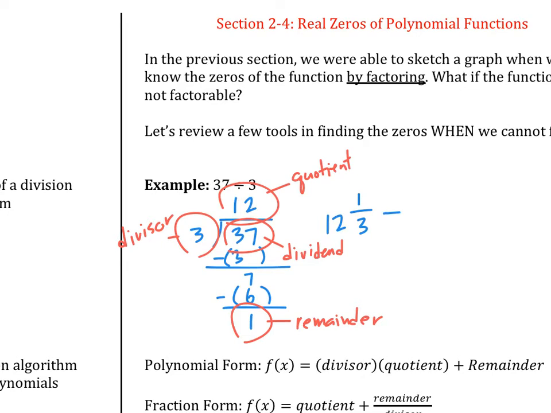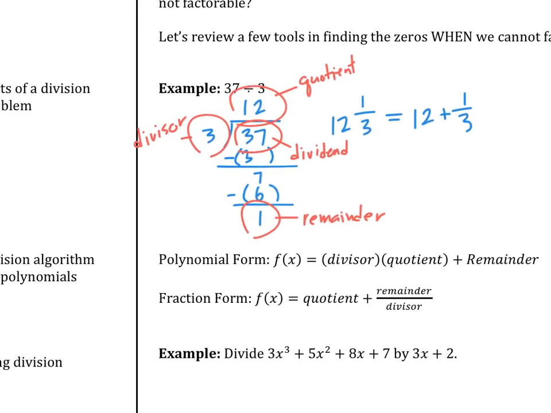Now 12 and 1/3, another way to think about it is really 12 whole ones plus 1/3 of a whole one. We write it as 12 and 1/3 as a mixed number, but that's really what it means, 12 plus 1/3. So you're going to remember how you did that and apply it to long division.